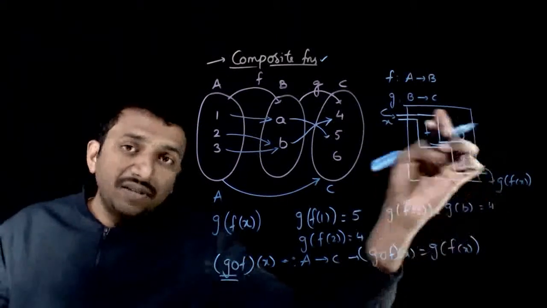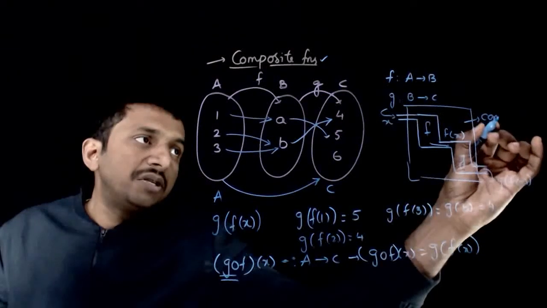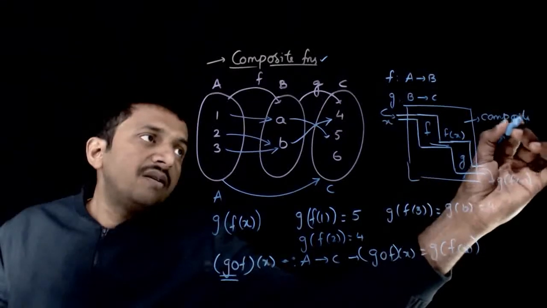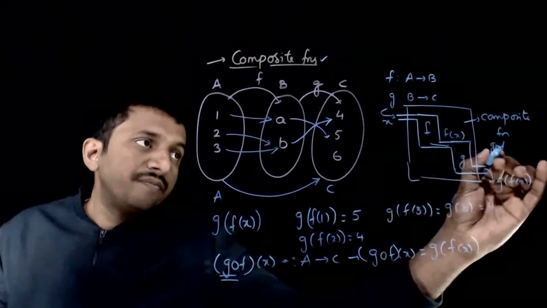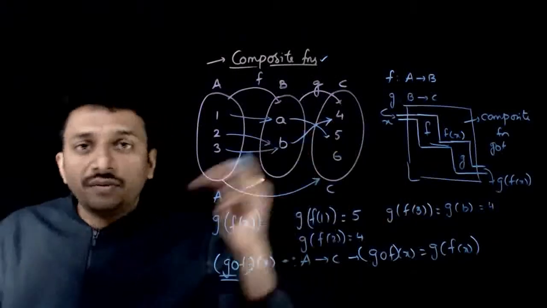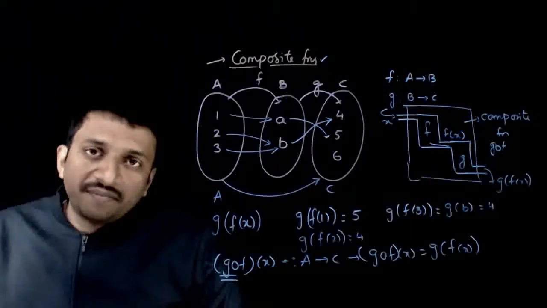This series of machines, this double machine, is called the composite machine, composite function. And what is the name of this function? gof function. So you have to go from back to front. gof function has f first and g next.